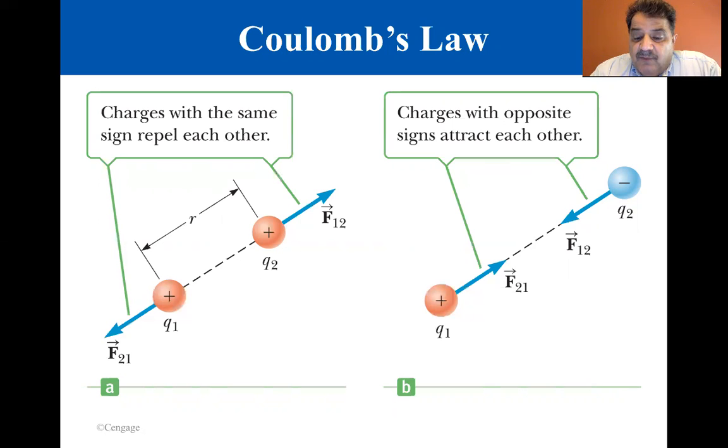So that means the forces F12 and F21 are equal in magnitude but opposite in direction. Note that the notation F12 denotes the force exerted by particle 1 on particle 2. Likewise, F21 is the force exerted by particle 2 on particle 1. From Newton's third law, F12 and F21 are always equal, regardless of whether Q1 and Q2 have the same magnitude.